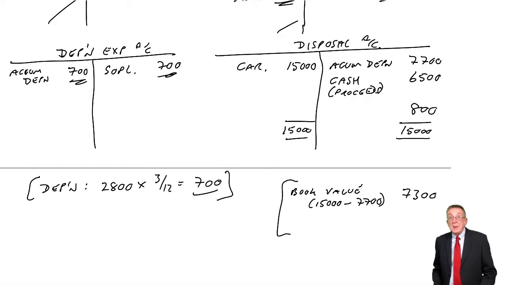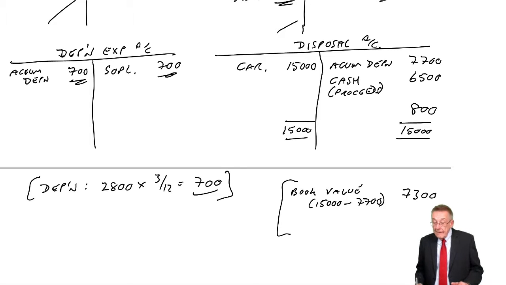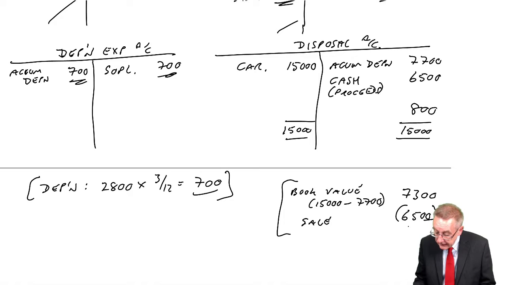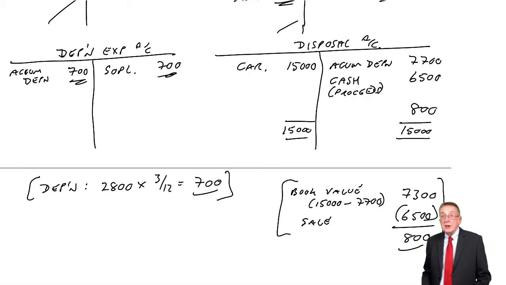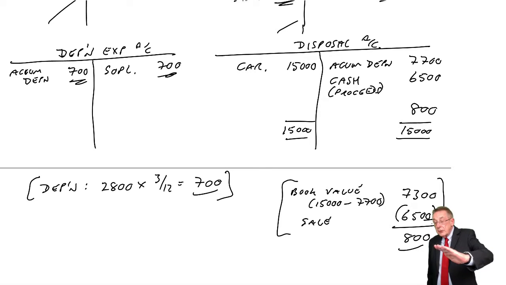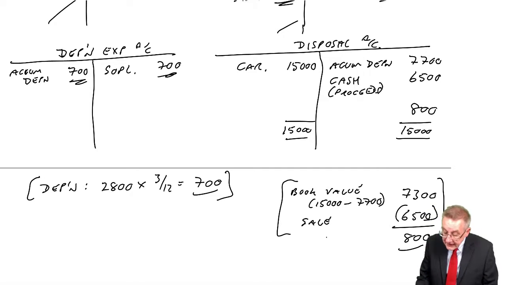That's what we had it as being worth. And what did we sell it for? We sold it for 6,500. Well, the remaining 800, surely, you thought it was worth 7,300, we only got 6,500. That is the loss on sale.